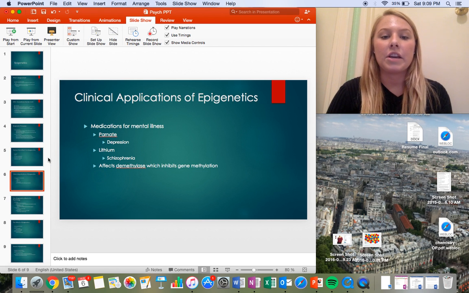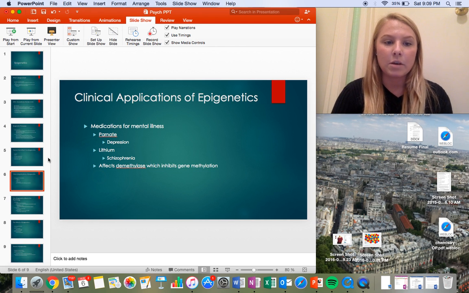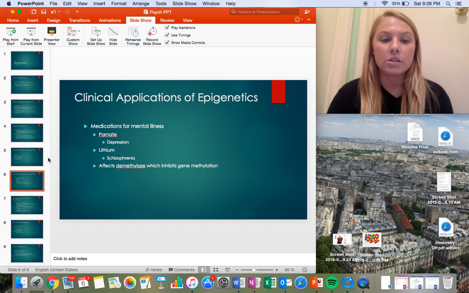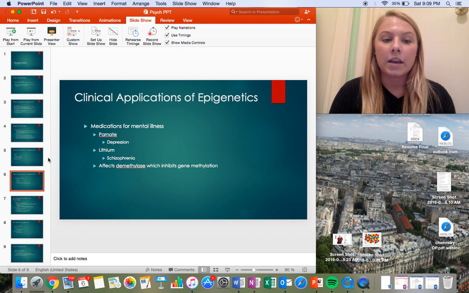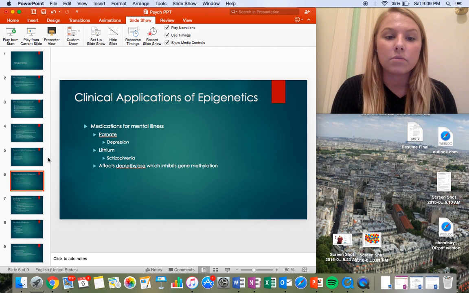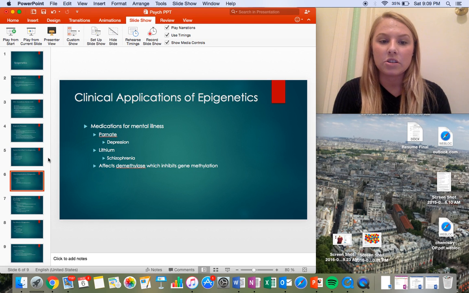The clinical applications of epigenetics are medications for mental illness. Parnate is a medication that's used on individuals who have depression, and lithium is another medication which is used for individuals who have schizophrenia. These two medications affect a protein called demethylase, which inhibits gene methylation.